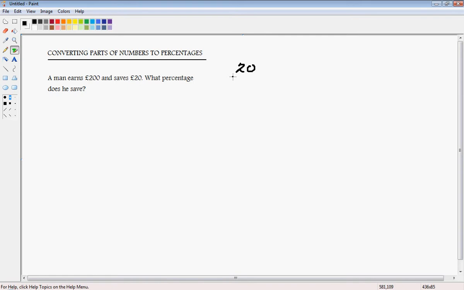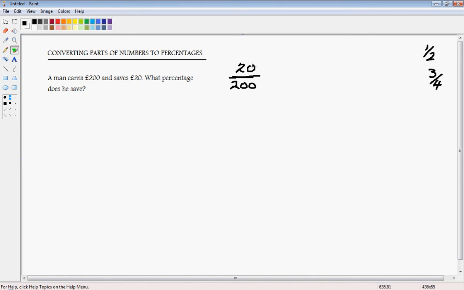20 of the £200. Okay, so this line in the fraction means of the. Okay, if we take half, this is one of the two parts. If we have 3/4, that's 3 of the 4 parts.